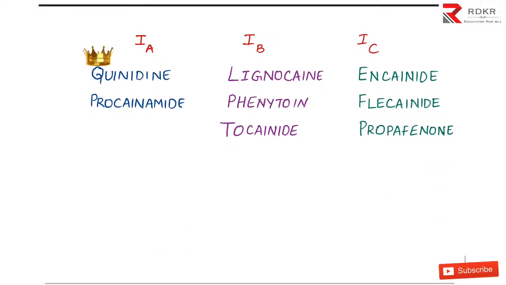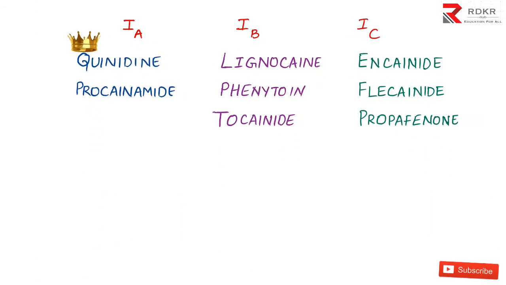So you have to know the drugs included in each of the classes. The 1A class, A means A class people or hi-fi class or first class people. Who are the hi-fi class people? The queen and the prince. That is, queen means quinidine, prince is procainamide. This is the way to remember.